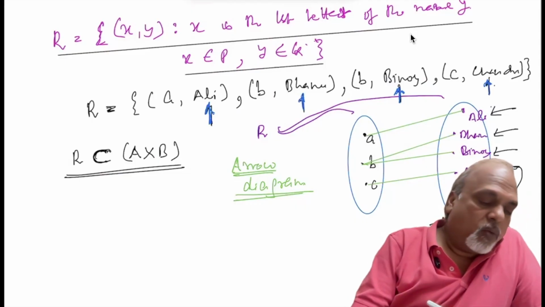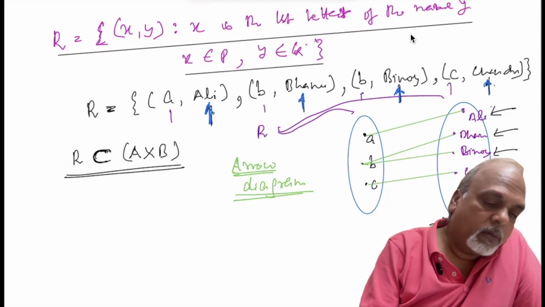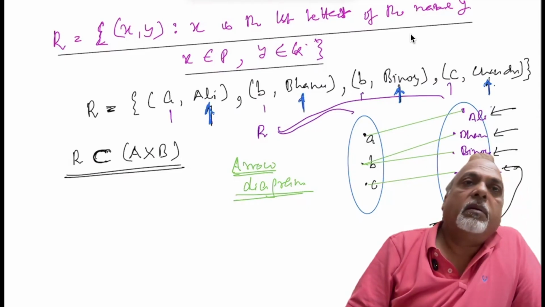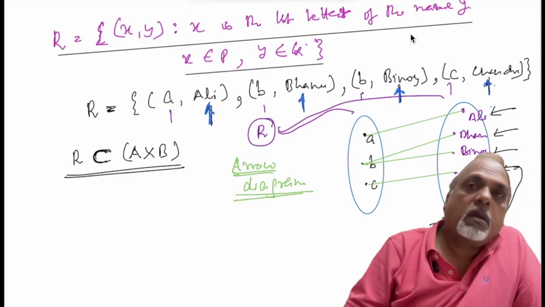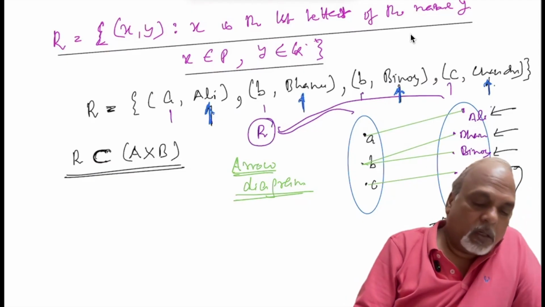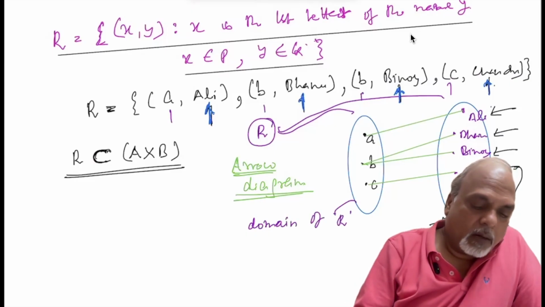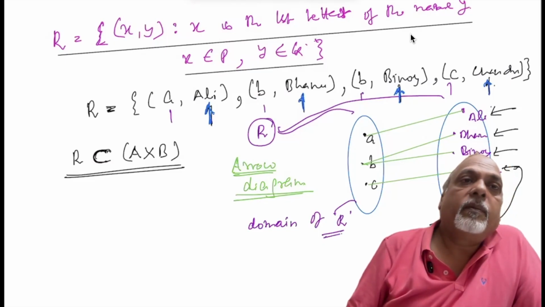Now, what are these? First element, this. The set of all the first elements in the ordered pairs of R is called the domain of relation R. Correct.